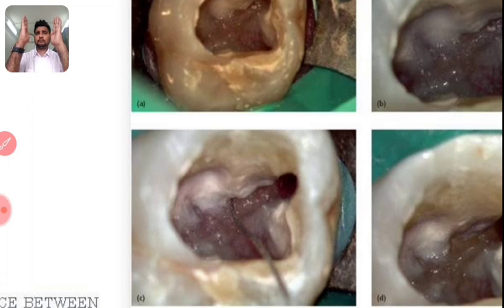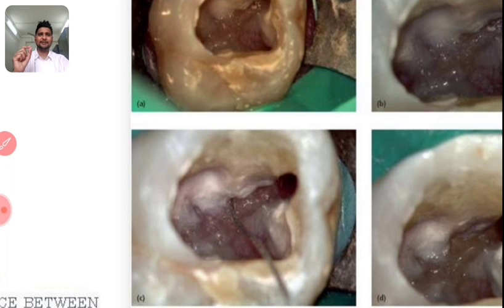From the walls and the floor, if the color is the same yellow, that means you have not reached the chamber. That simply means that. When beginners are starting into endo they are always confused. Even experienced people I have seen, they ignore these small tips, the small hints, and they just go wherever and chop off everything and find the canal.